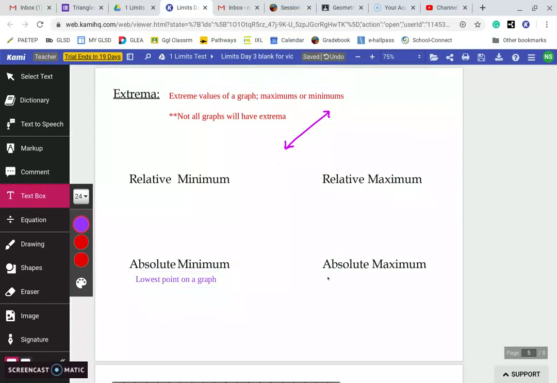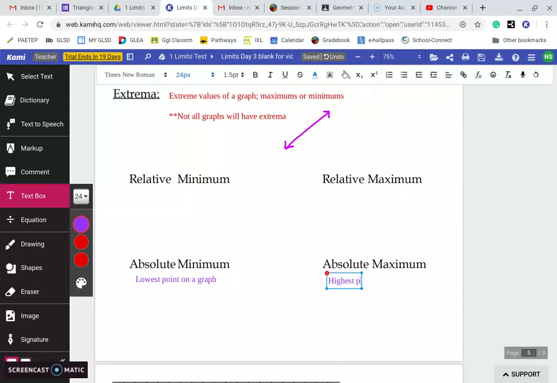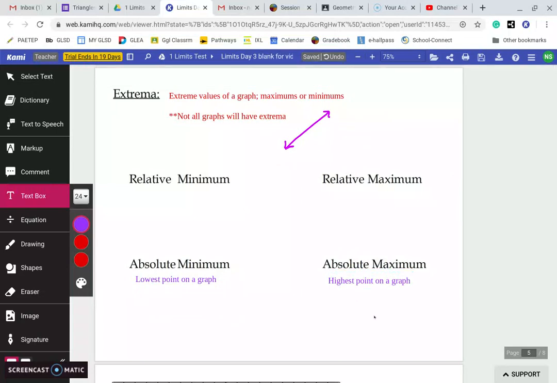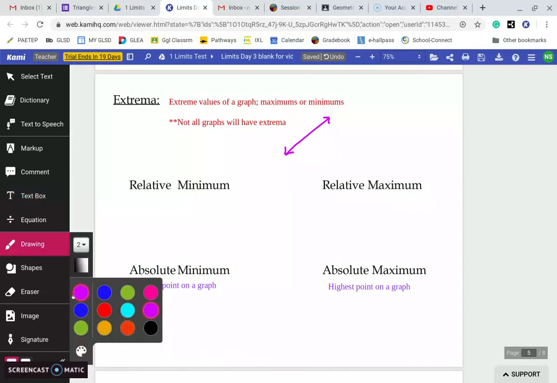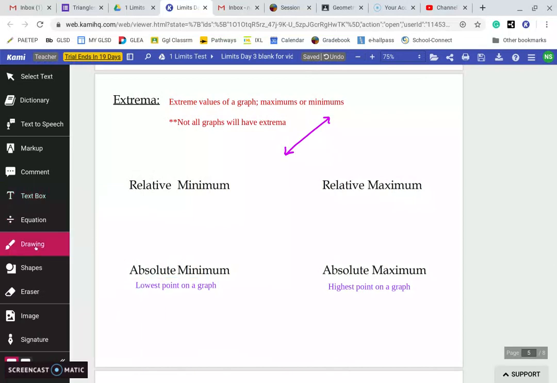And then an absolute maximum would be the highest point on a graph. Again, sometimes you will have a highest point, sometimes you won't, but notice that it does say point. So that does mean for all of these we are going to be doing ordered pairs. So point, just remember we're going to be doing x, y values for all of these.